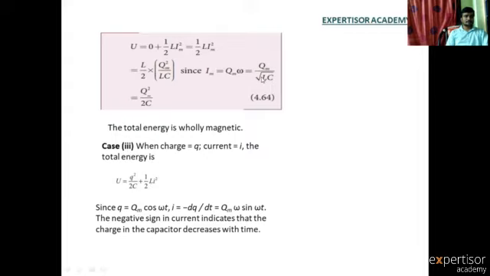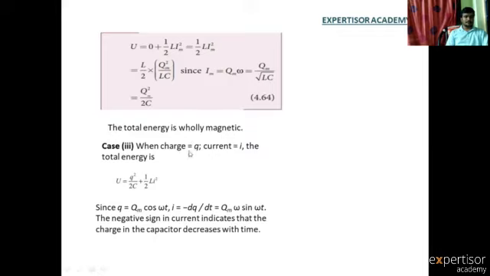So substitute this relation in this equation. That is equal to L by 2 into Qm square divided by LC. L cancels. Qm square by 2C. The total energy is wholly magnetic. This is the second case.